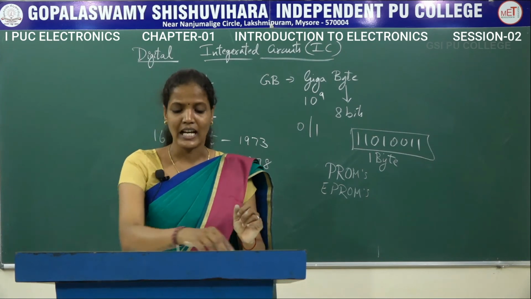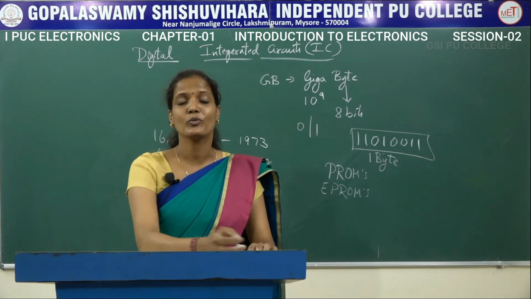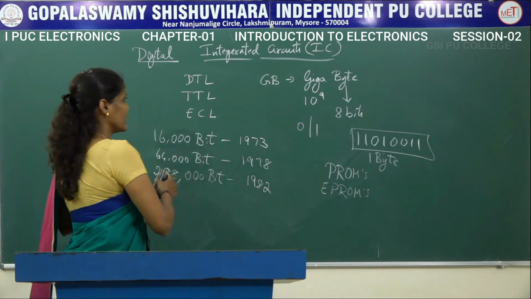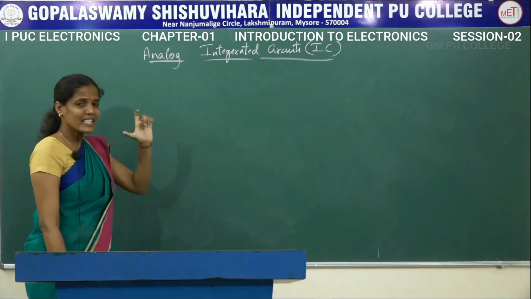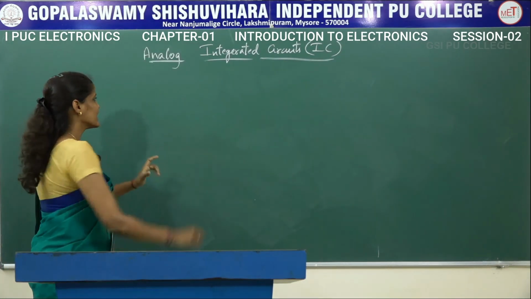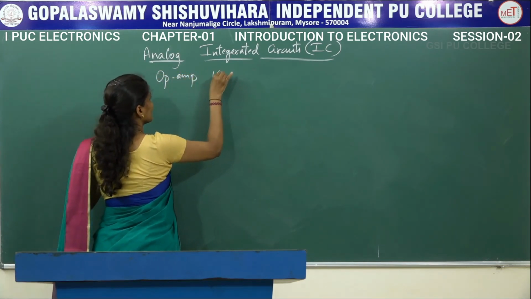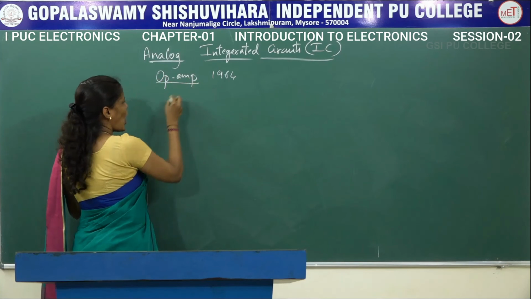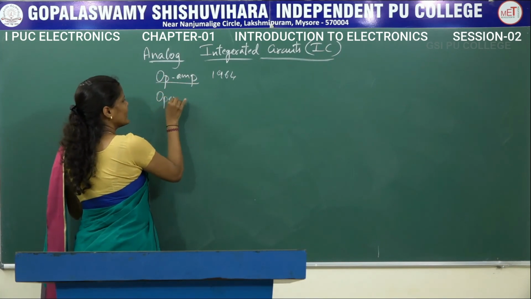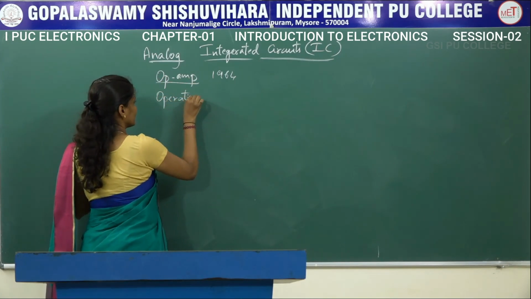Now we are going to see another type of integrated circuit, called analog integrated circuit. The first analog IC which was invented was the op-amp in the year 1964. Op-amp stands for operational amplifier.